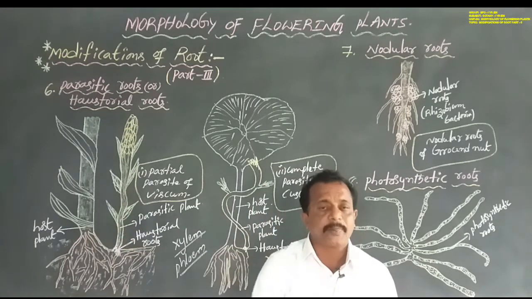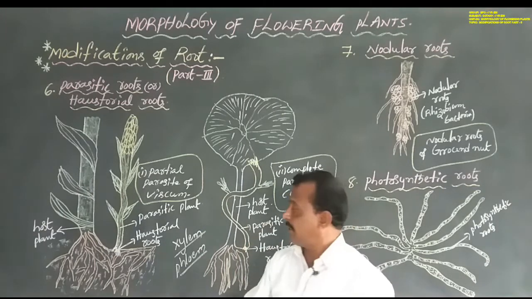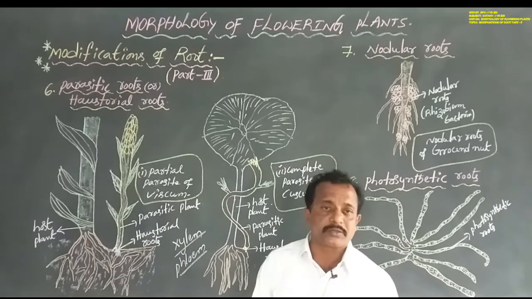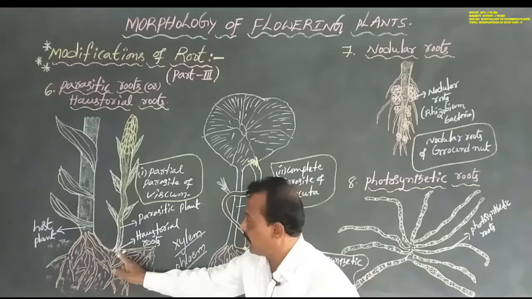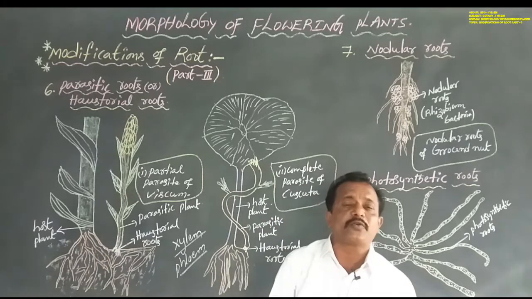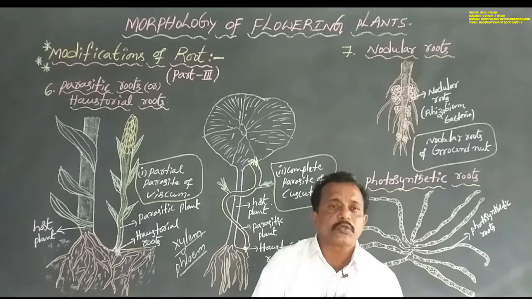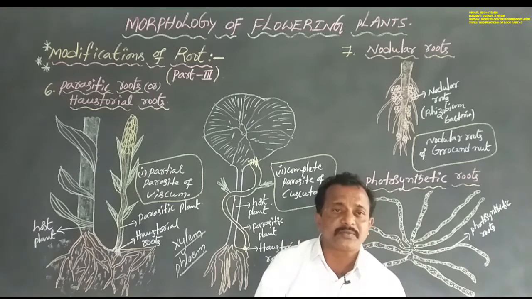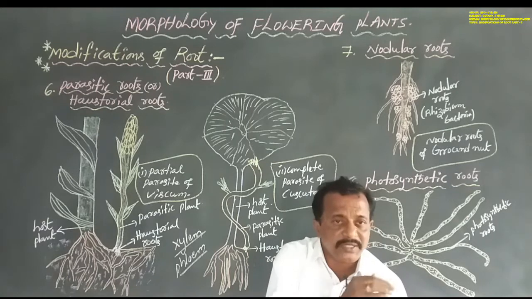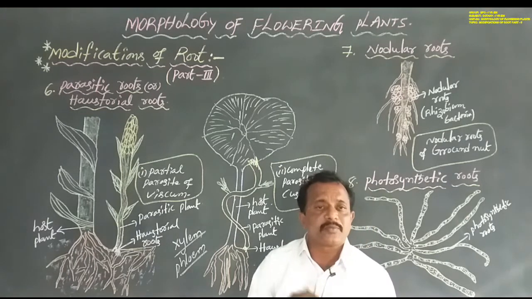So Striga and Viscum send haustorial roots into the xylem of the host plant. By means of these haustorial roots they are connected to the xylem of the host plant. Why? Because the xylem always transports water and mineral nutrients from the root system to the entire plant body.